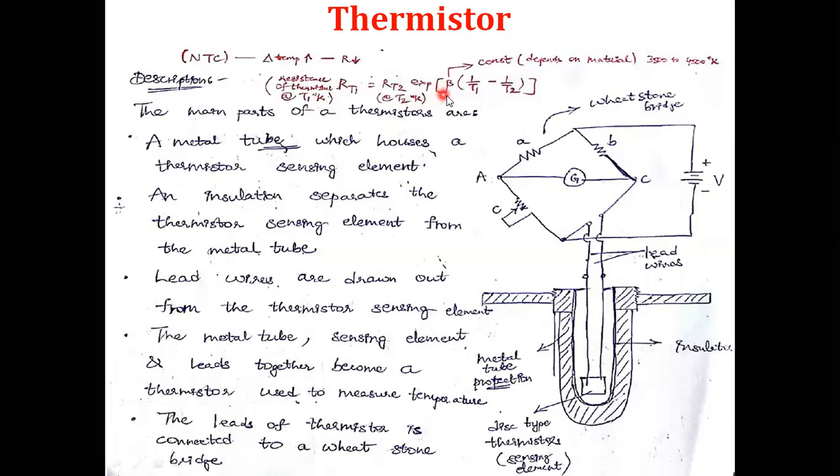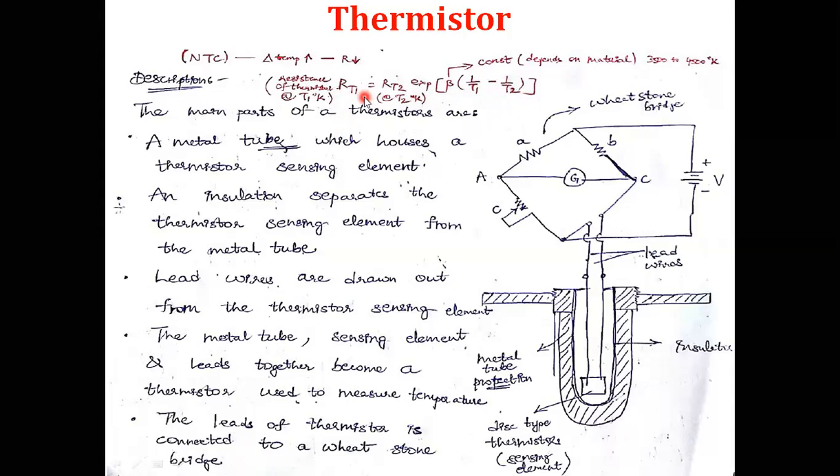The beta value depends upon the material we are using, and ranges from 3500 to 4500 degrees. Beta into 1 by T1 minus 1 by T2. This is the relationship between RT1 and RT2. Also we can simply write it as RT1 is equal to RT2 exponential of beta into 1 by T1 minus 1 by T2.